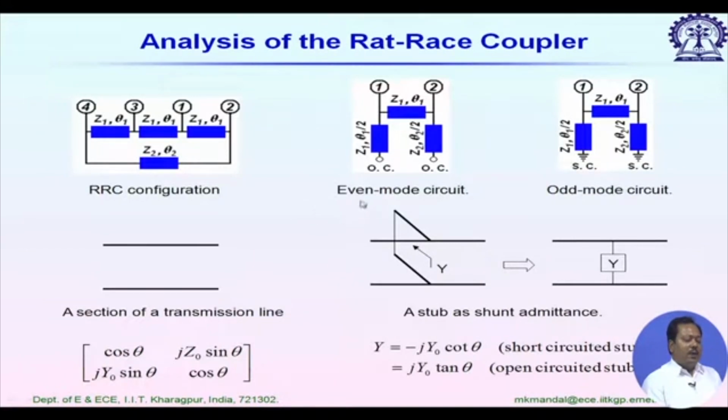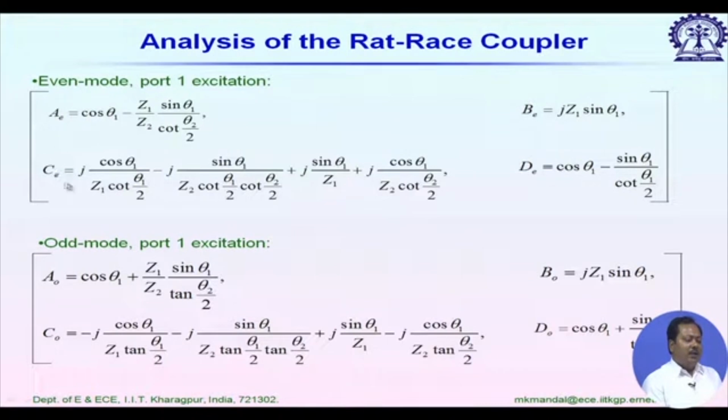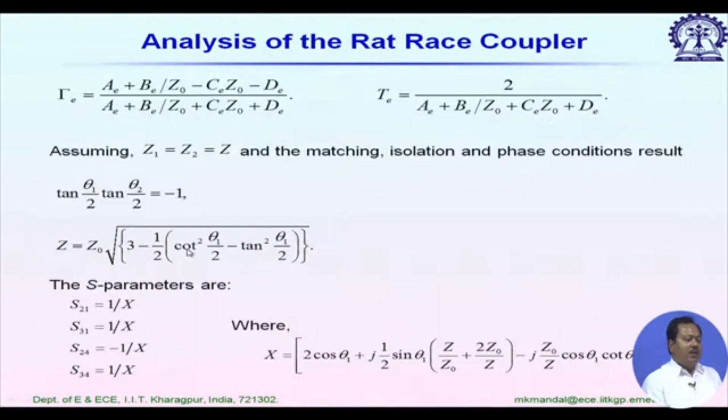So, by using even mode and odd mode equivalent circuits, we can actually simplify a 4-port network to a 2-port system. Then we do the analysis, find out the ABCD parameters in even mode and odd mode, then find out the overall reflection coefficient and transmission coefficient both in even mode condition and odd mode condition.